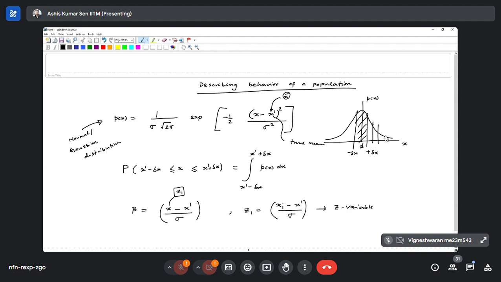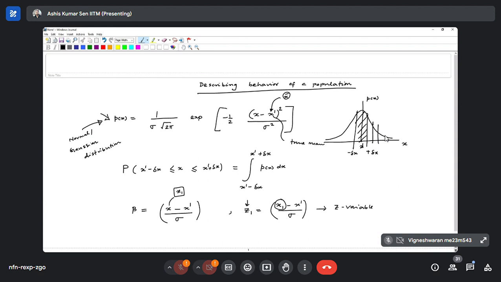Okay, so instead of writing a particular data point minus the true mean divided by sigma, the whole thing is dumped into a variable called z variable. So now with this new definition, this equation takes a different form.